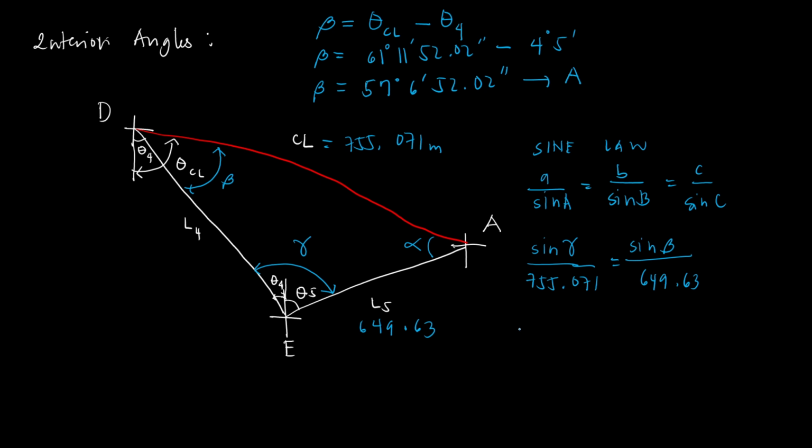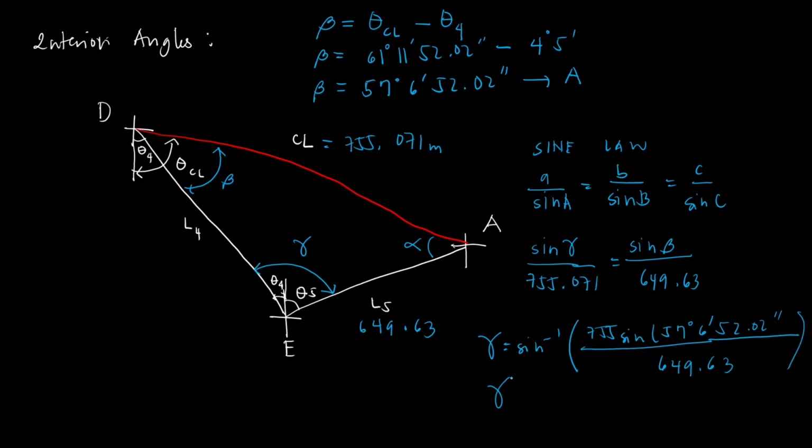So, makukuha natin yung gamma, sine inverse, so cross multiply. So, 755 sine, yung beta natin na 57 degrees, 6 minutes and 52.02 seconds, and then divided by 649.63. Ayan. So, makukuha natin yung gamma.